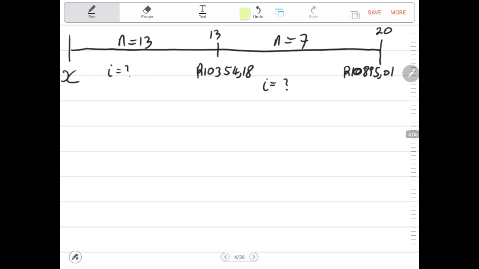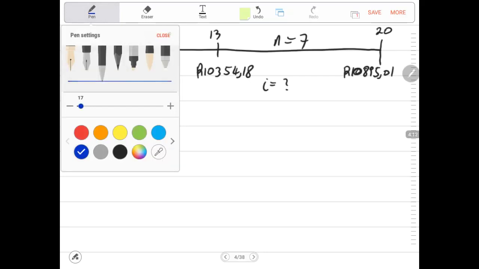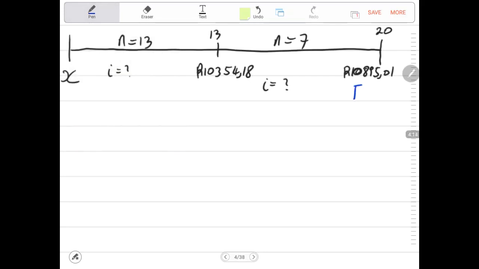So in other words, we do have the future value here. If I can clarify that one now, we do have a future value, and we do have a present value, and we do have our N as 7. In the first part, we don't know the present value, which is a question mark, and our interest is a question mark, and we do have our N. Then we do have this as the future value. And please note that this is the future value, and at the same time it is the present value.